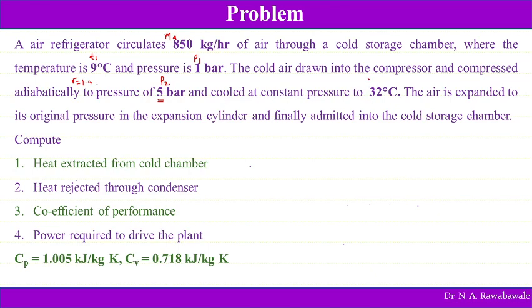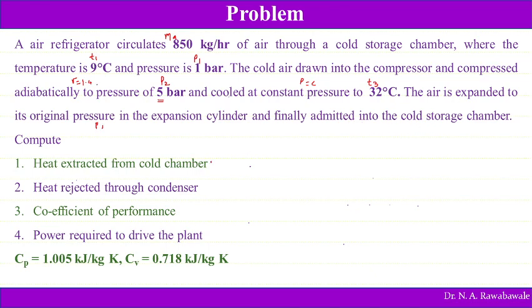So that is temperature T3, cooled at constant pressure, P equal to C. Air is expanded to the original pressure. What is the original pressure? It is P1, equal to 1 bar, in the expansion cylinder, and finally admitted into the cold storage chamber, and this cycle is repeated.